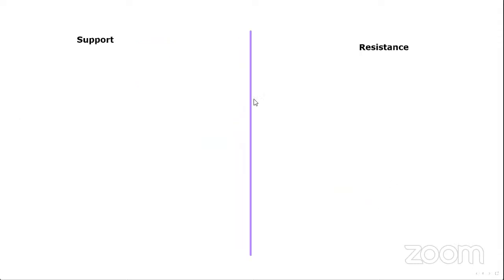Let me go back here. So a resistance level is a horizontal line that could be drawn just above a peak or below a trough.